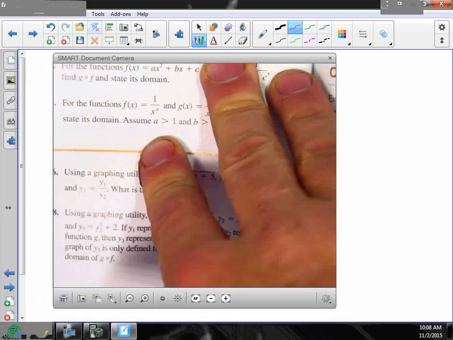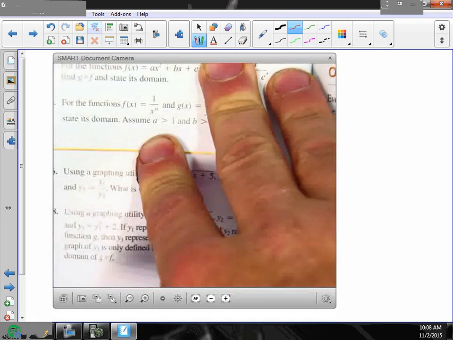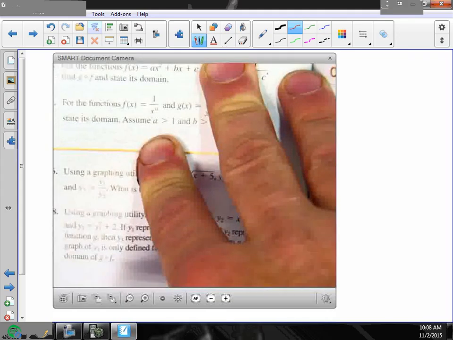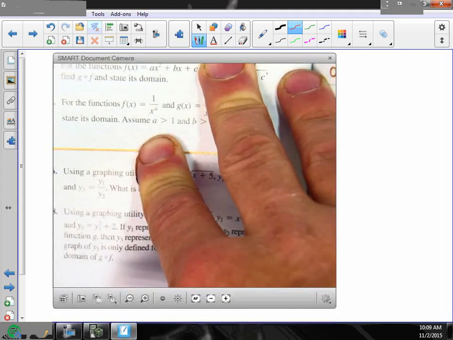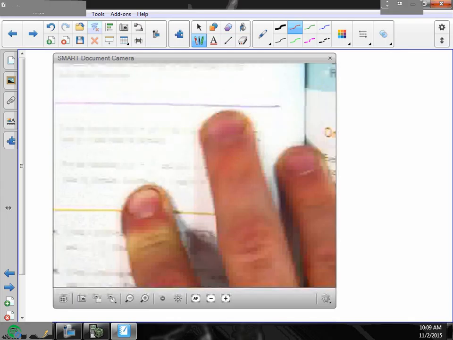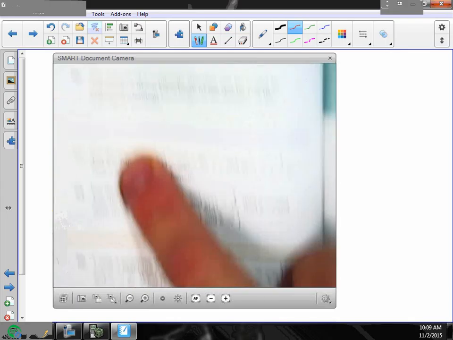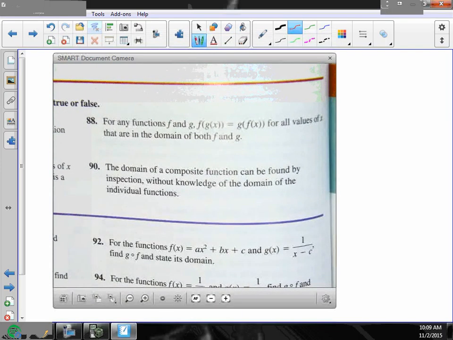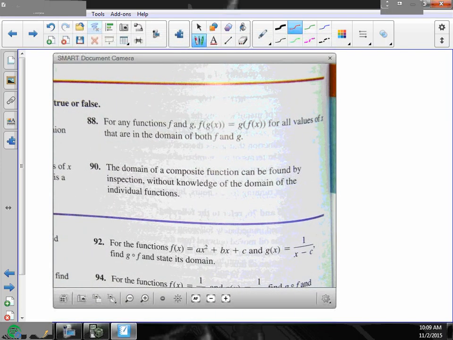88. For any function f and g, f of g of x is equal to g of f of x for all values of x that are in the domain of both f and g. Oh, you guys couldn't even see that, sorry. So, is f of g of x equal to g of f of x?